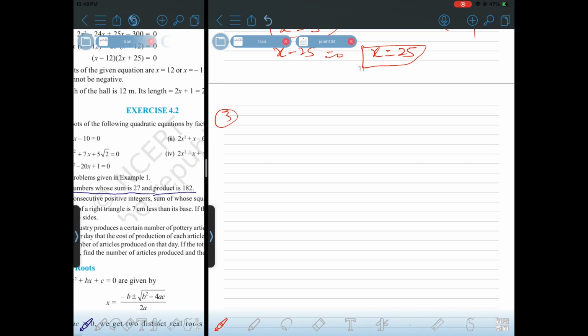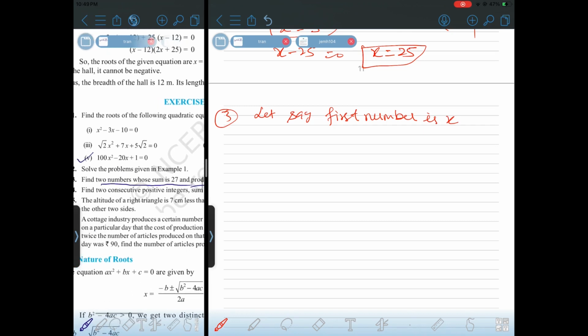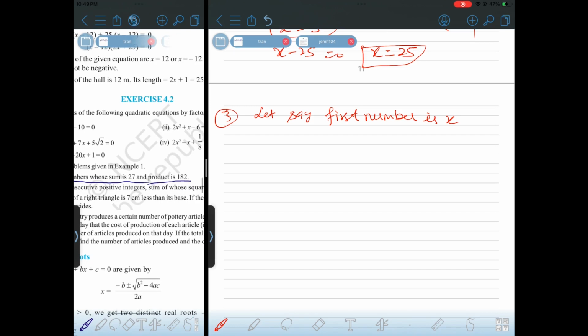So let's assume that the first number is x, and we assume that the second number is y. So we have assumed that the first number is x, the second number is y.